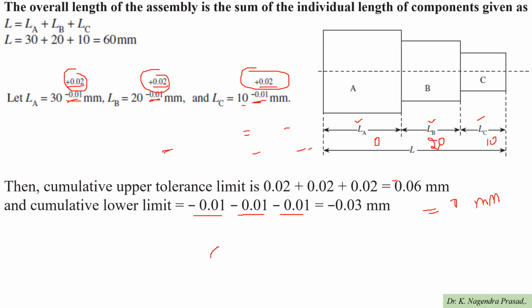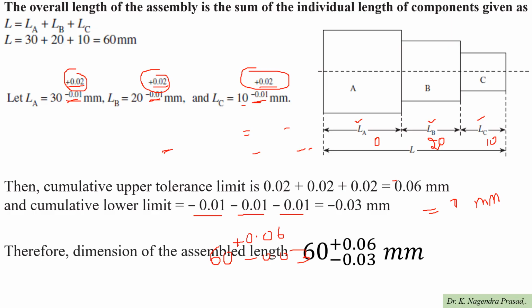So the G value is plus 0.06 and the H value will become minus 0.03. So the answer is, therefore, the dimension of the assembled length equals 60, and the tolerance zone is plus 0.06 and minus 0.03.